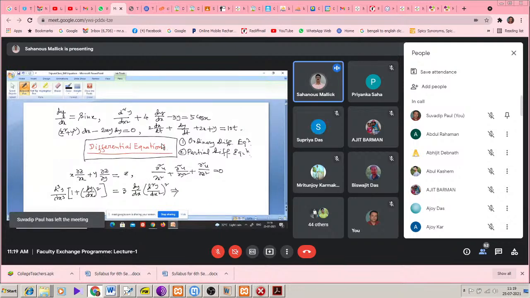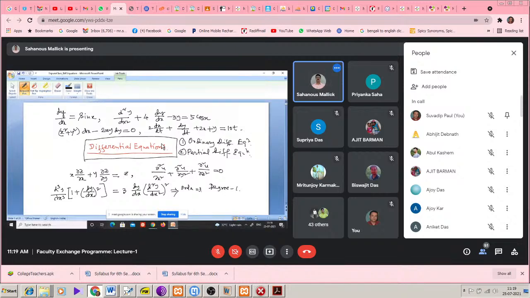In this example, the highest order derivative is 3. So order is 3. And the degree, the degree or power of the highest order derivative, is here only 1. So here degree is 1.